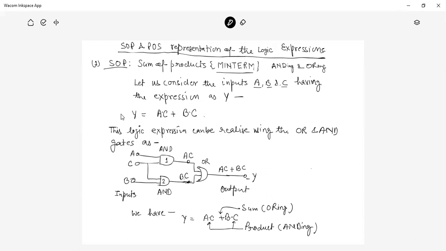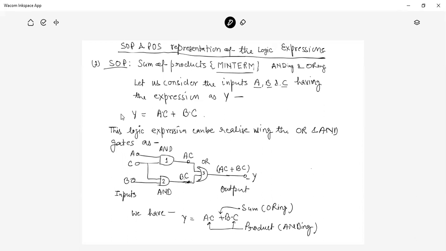So this expression is termed as sum of product. There are three inputs A, B, C. Here the first AND gate gives the output A dot C, and the second AND gate gives B dot C. These two outputs are the inputs for the third gate, the OR gate, and the final output is AC plus BC.